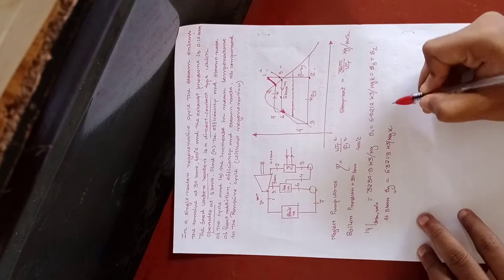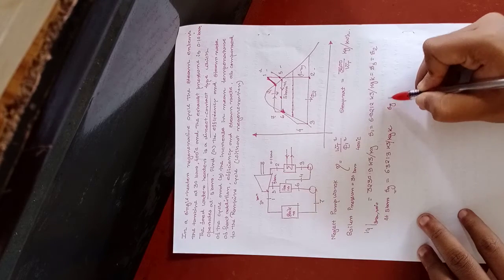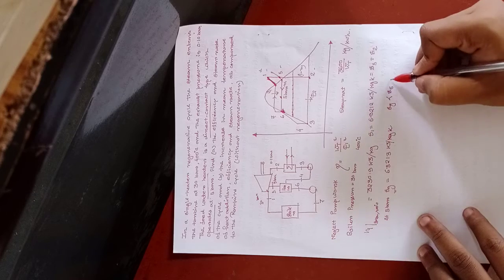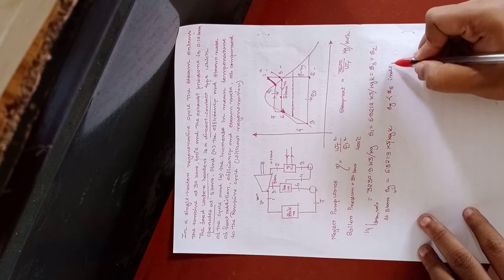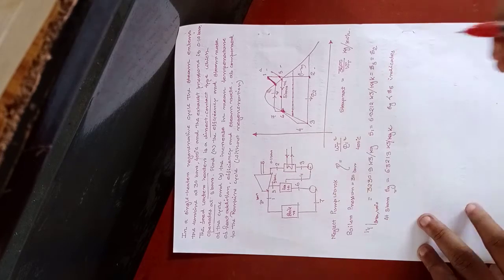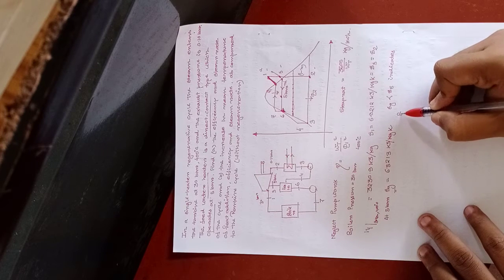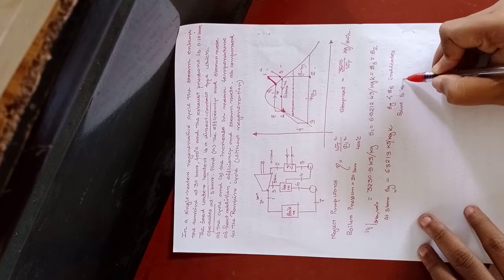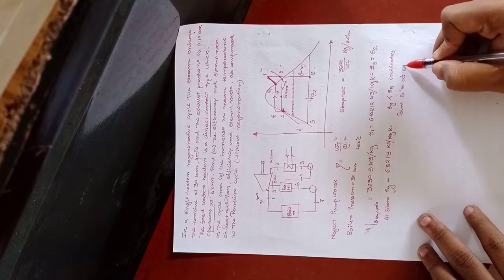So this Sg is less than S5. It indicates that point 5 is in the superheated region.